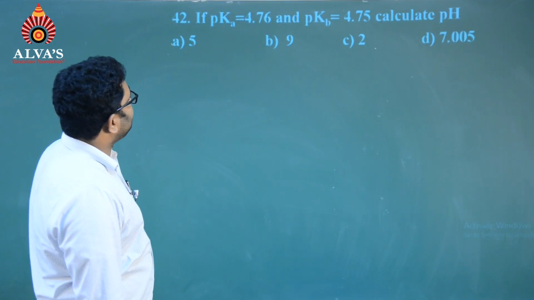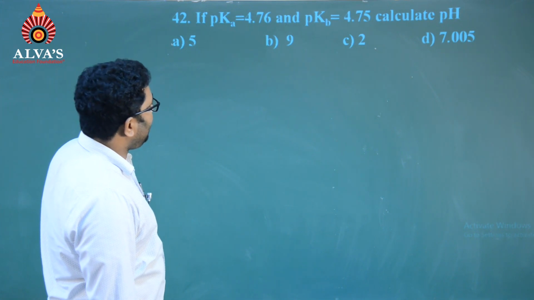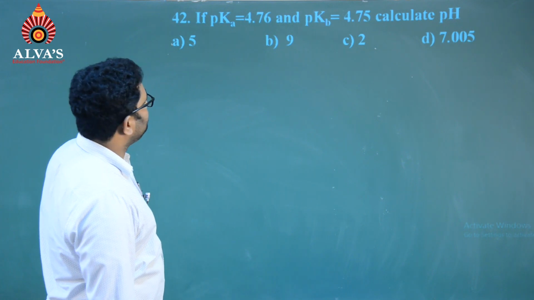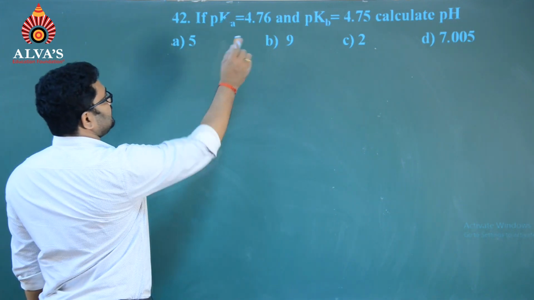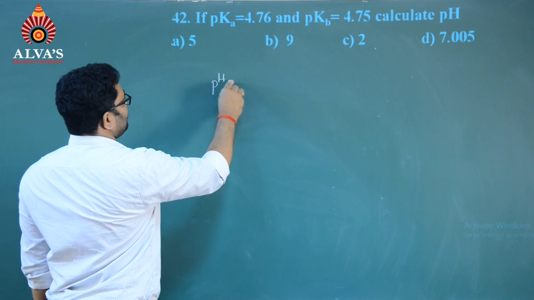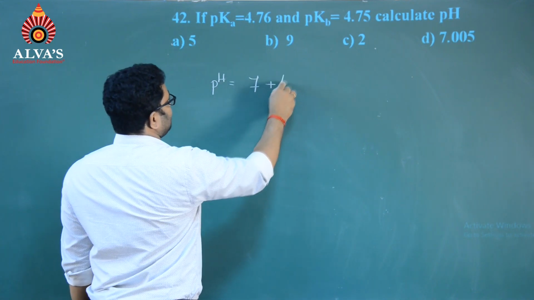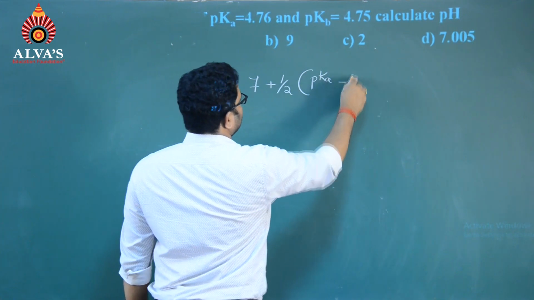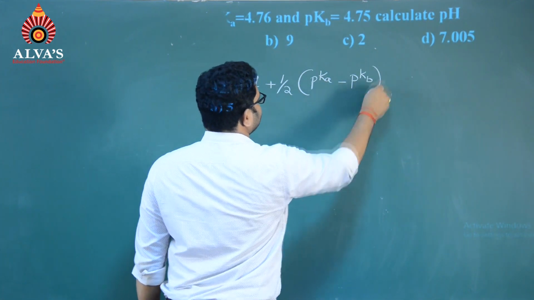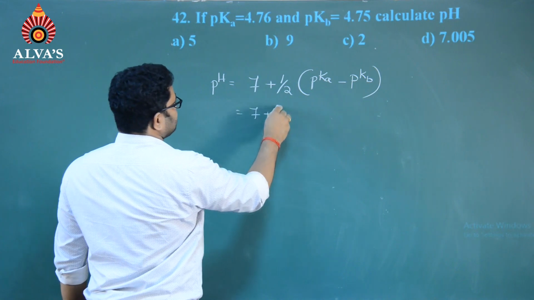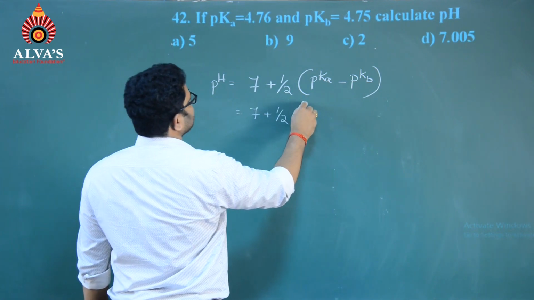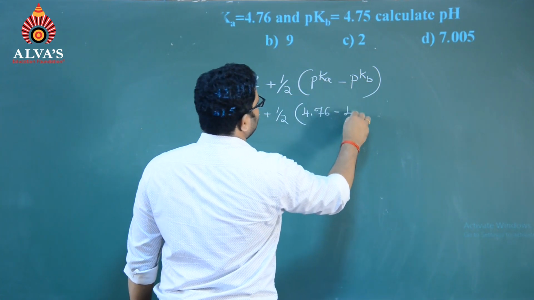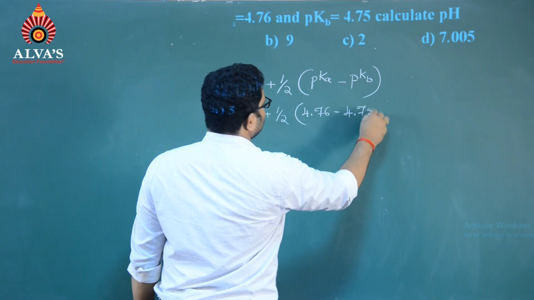If pKa equals 4.76 and pKb equals 4.75, calculate pH. For this data, pH is given by 7 plus half of pKa minus pKb. 7 plus half, pKa is 4.76 minus pKb is 4.75.